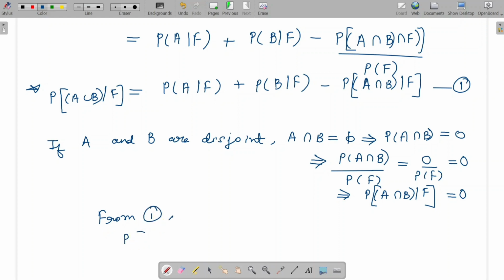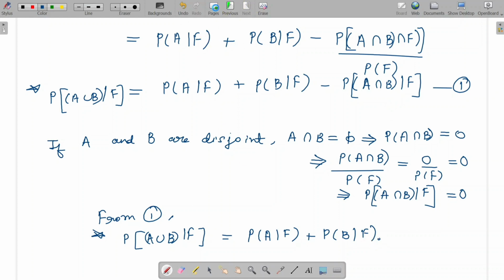P of A union B such that F has occurred is equal to P of A such that F has occurred plus P of B such that F has occurred minus 0. This will be 0, right? So we will get this formula. Okay, this is what we wanted.